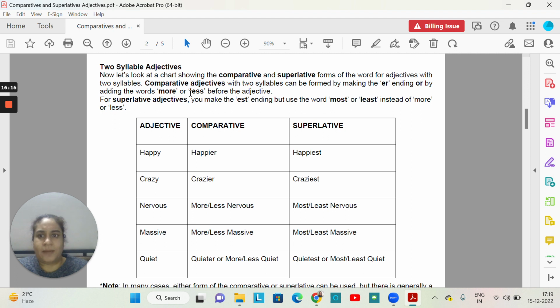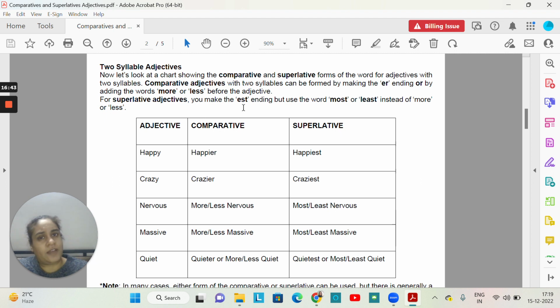Normally, comparative adjectives with two syllables can be formed by adding er in the end, or you can add words like more or less before the adjective. For example, more beautiful. You cannot have the word beautifuler, it is more beautiful or less beautiful, but you cannot have an er over here. Let's understand how and why.